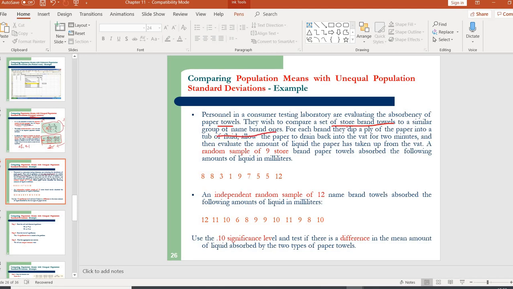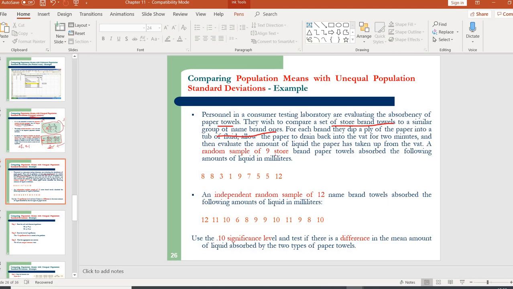So here you have store brand towel and name brand towel. For each brand, they dip a ply of the paper into a tube of fluid, which allows the paper to drain back into the vat for 2 minutes, and then evaluate the amount of liquid the paper has taken up from the vat.